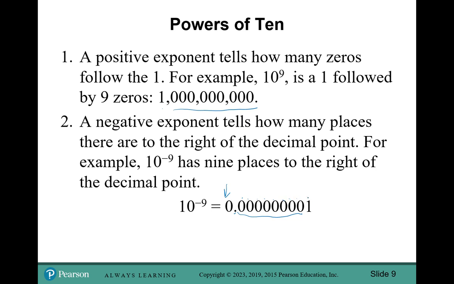And then the 1 would be in the 9th decimal place. The 9th decimal place. Okay? So each one of these zeros here, 1, 2, 3, 4, 5, 6, 7, 8, and your 1 goes in the 9th decimal place from the decimal.